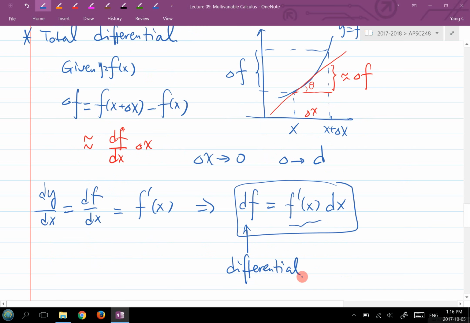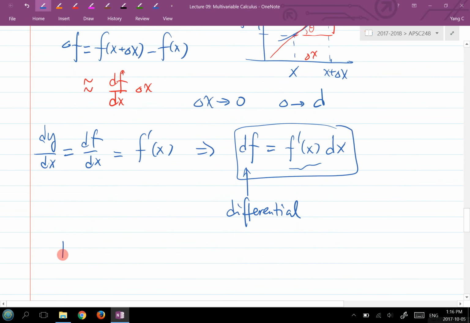And this line that we're approximating here, that's a line equation. It passes through a certain location a, with the derivative at a, times x minus a.